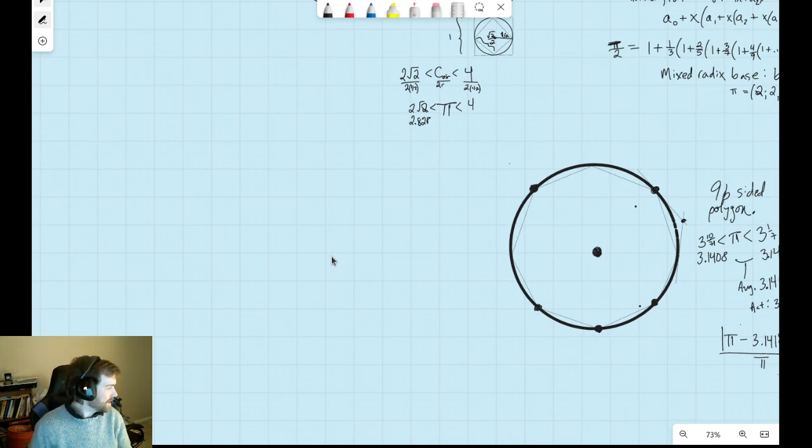All right, and I will be using string of some description. So I may or may not have an accurate method of measurement here.